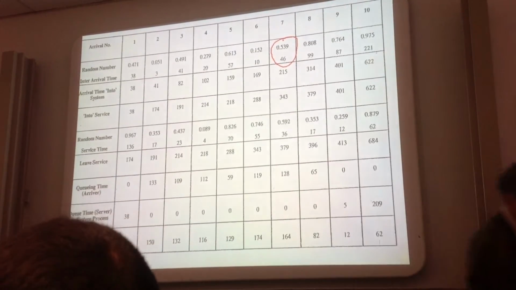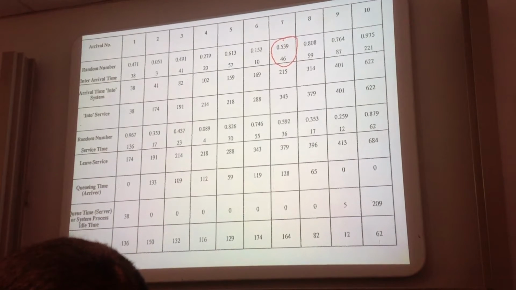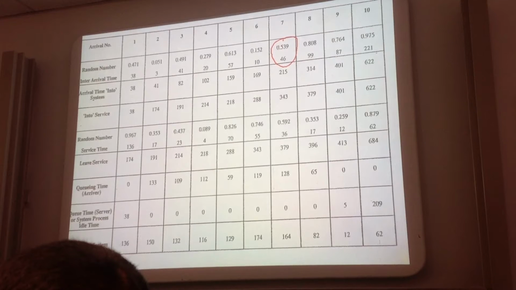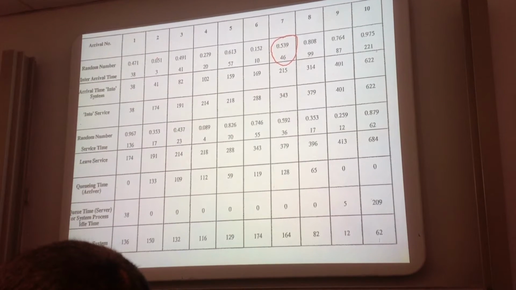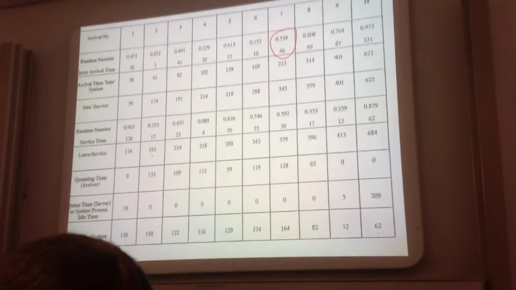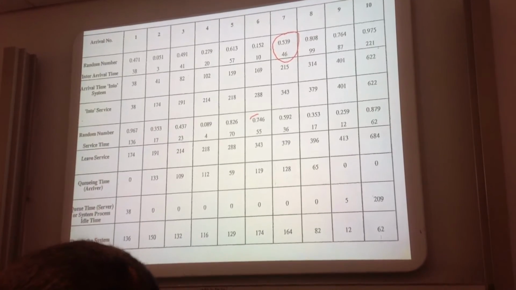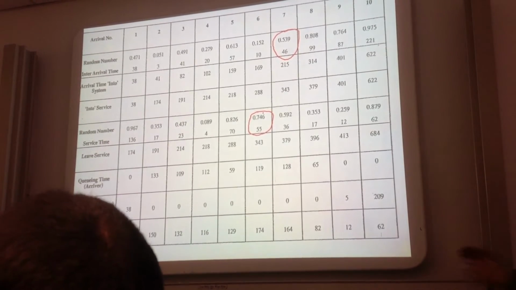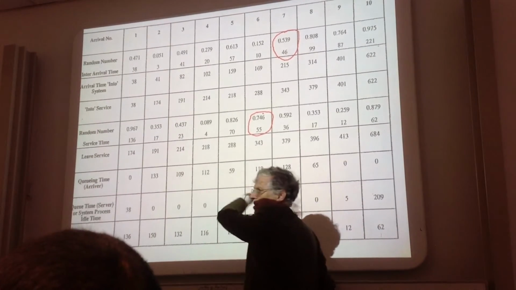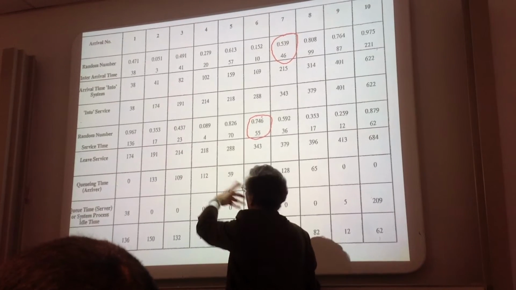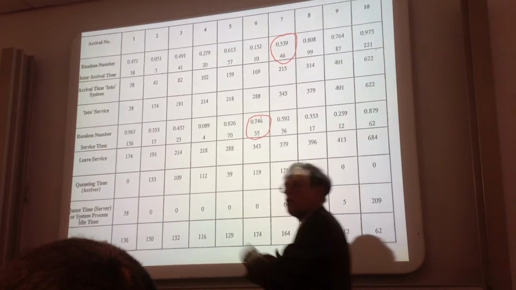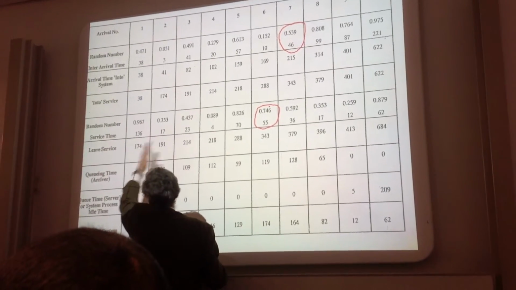I think I chose, just to be consistent, 0.7. The random number was 0.746. It's that one there. I simulated that one there as an example, the service one that we did, 55 seconds of service. But all these random numbers give you different service times.